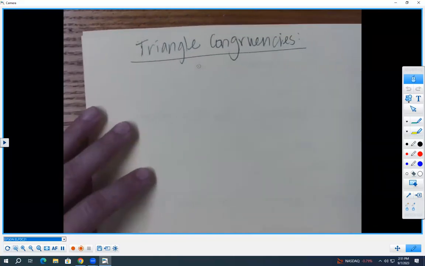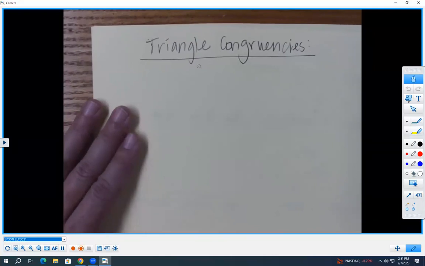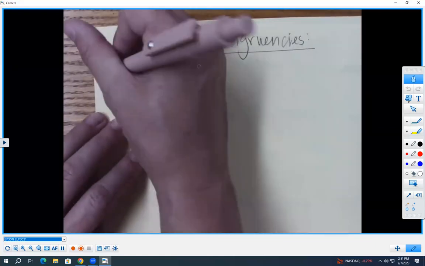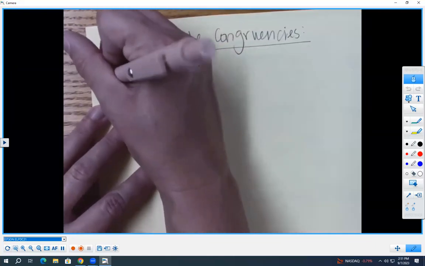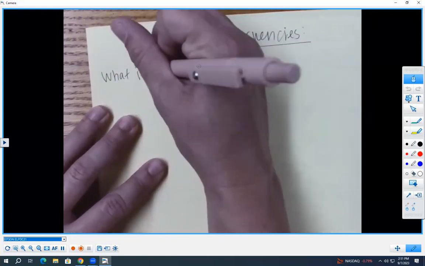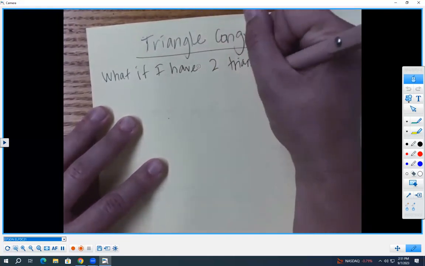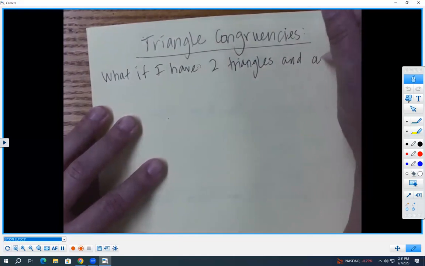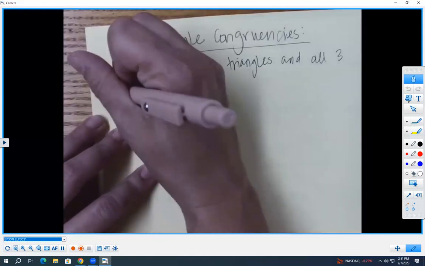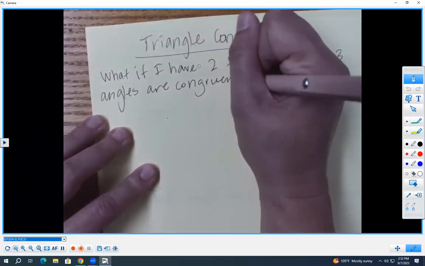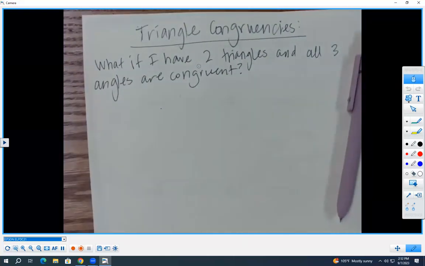One combination is, what if I have two triangles and all three angles are congruent? Two triangles with three congruent angles. Would those triangles be congruent?